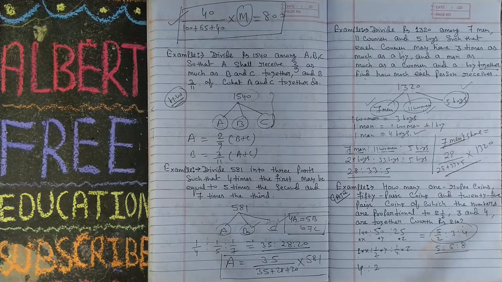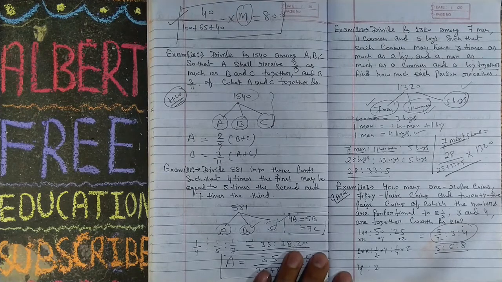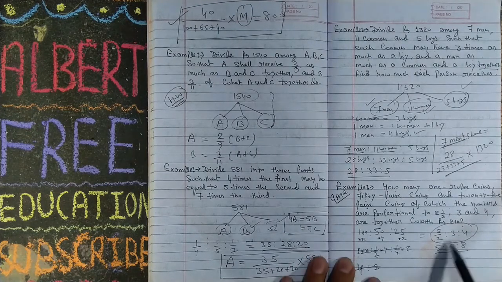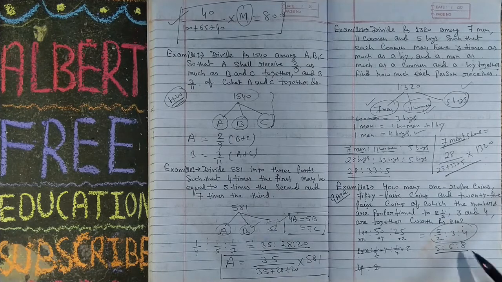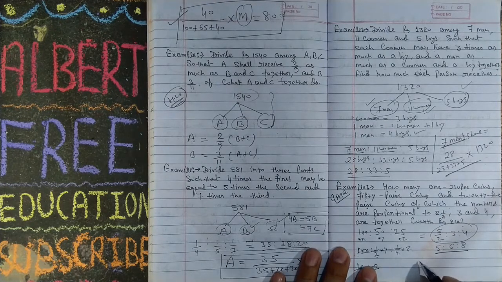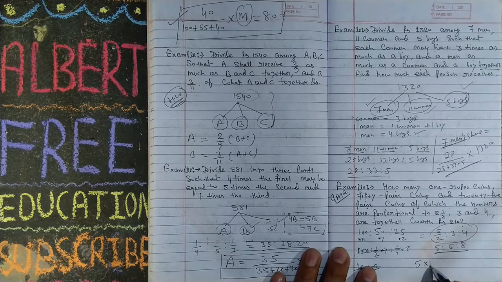But just leave it. Your ratio is this, 2, 5 upon 2 and 3 upon 2, and your money is 5, ratio 6, ratio 8. So what he is asking is your proportional value, that is 5 into 1, ratio 6 into 1 upon 2, ratio 8 into 1 upon 4.